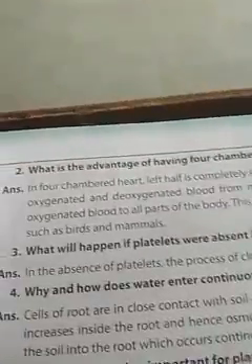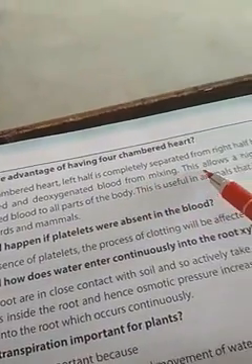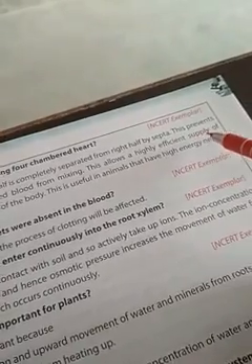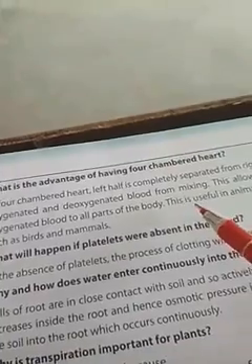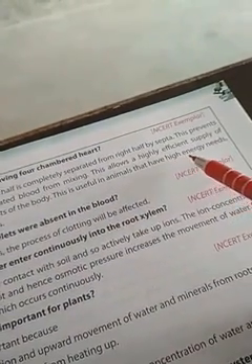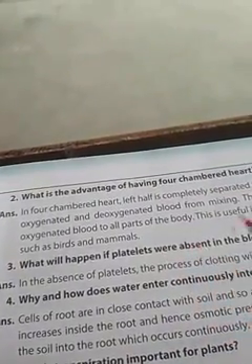This prevents the oxygenated and deoxygenated blood from mixing. This allows a highly efficient supply of oxygenated blood to all parts of the body. This is useful in animals that have high energy needs, such as birds and mammals.